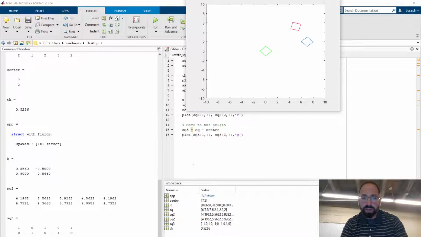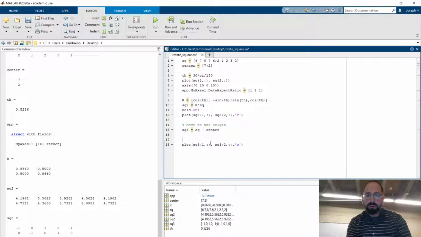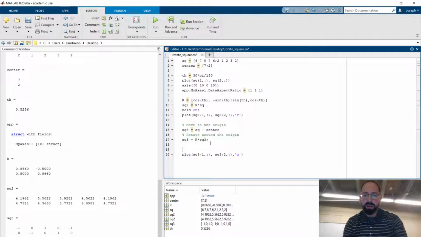Looks good at the origin. But now we're not going to need that, so I'll move it back to where it was. Okay. We want to move it to the origin. Now we want to rotate it, right? And we can keep the same value. Move back to original location.